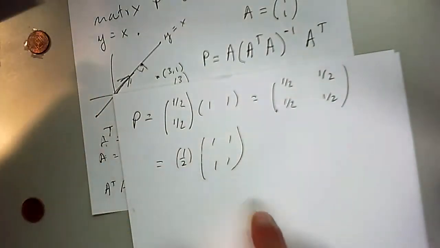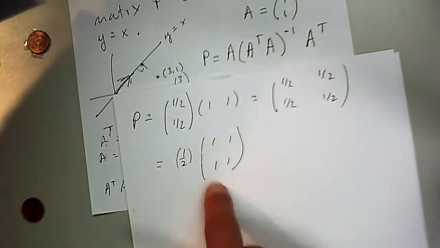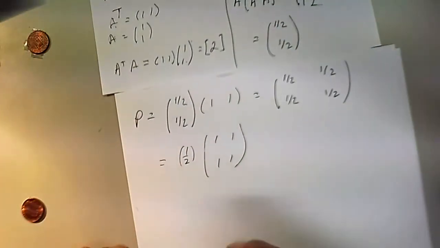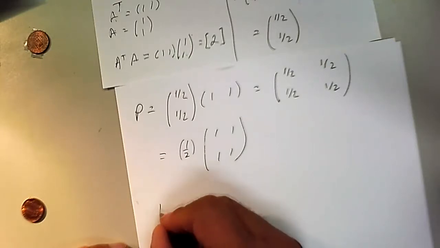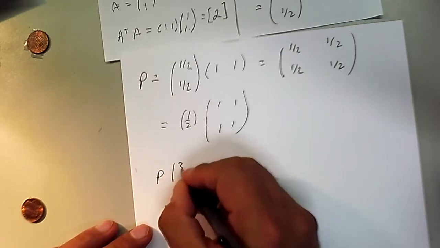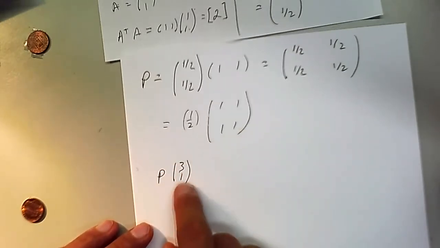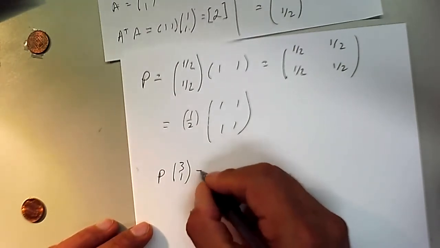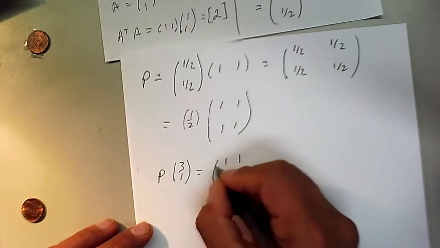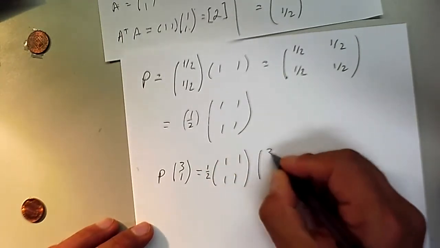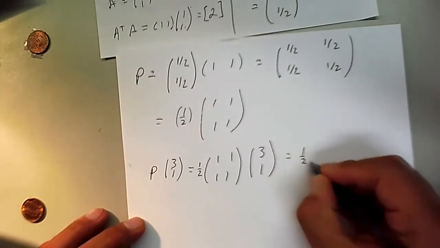If we multiply this with 3, 1, we will be able to project onto this line. Let's see if that is true. So P times 3, 1, many times we label this as b, little b, b as in boy. Well, that is 1, 1, 1, 1. Oh, I missed the 1/2 in front because that is a scalar. And then 3, 1. So let's keep the 1/2 there.